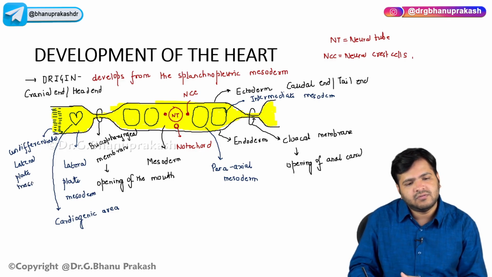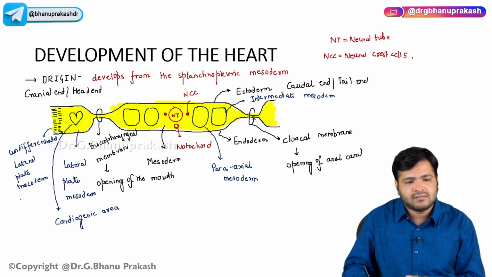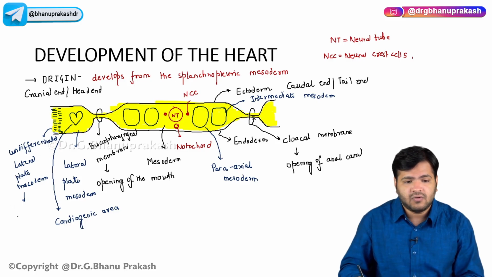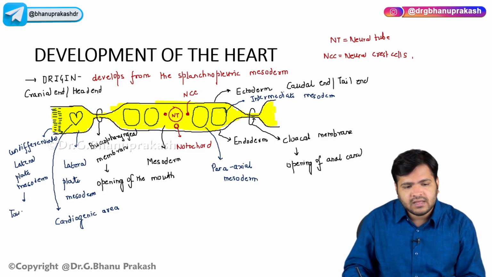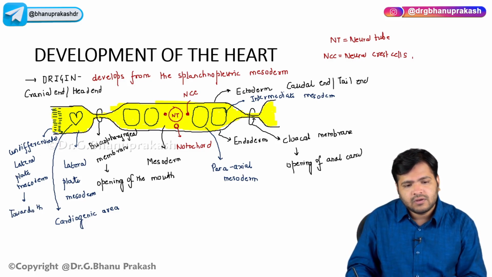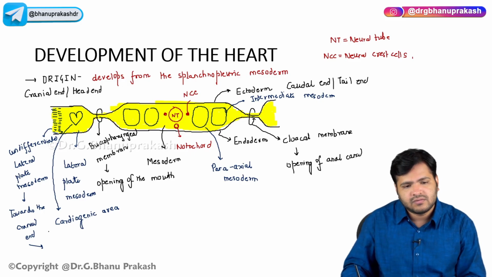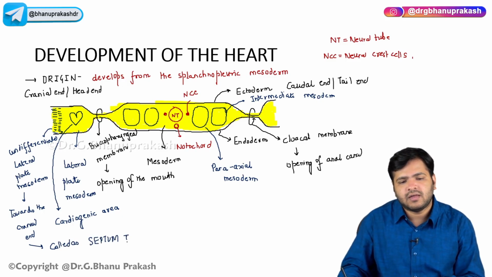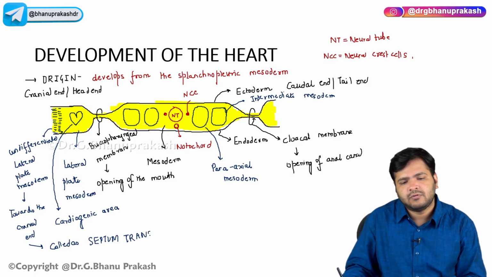And this undifferentiated lateral plate mesoderm towards the cranial end, I'm just talking about this cranial end right now, is called the septum transversum. So yes, it is called septum transversum, right?